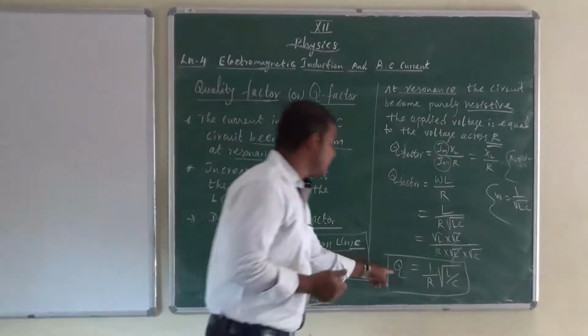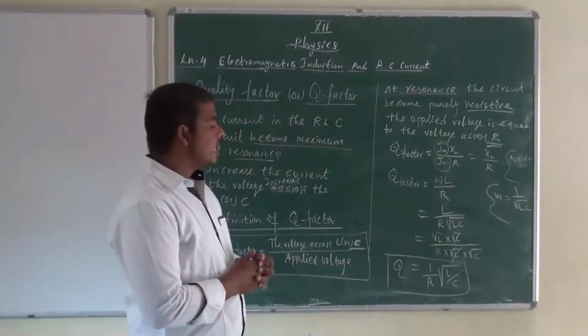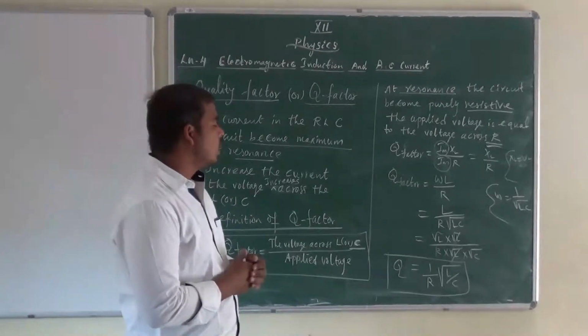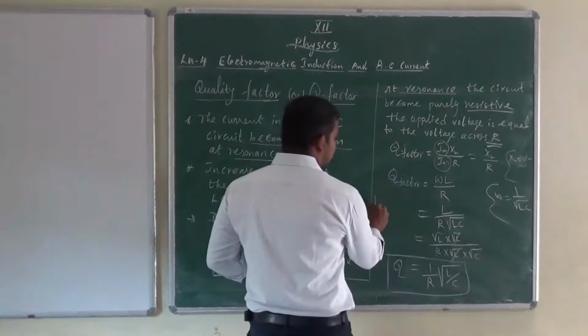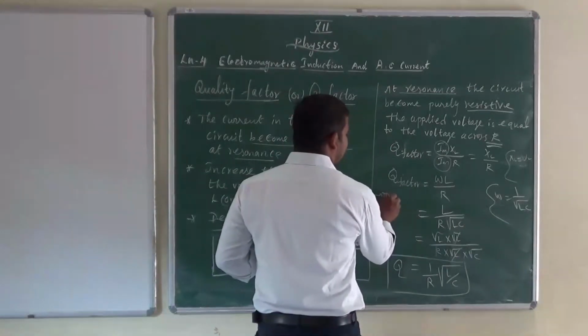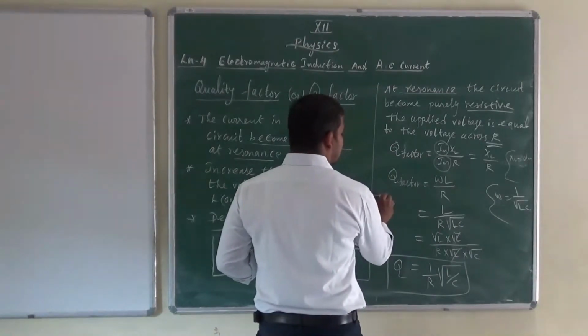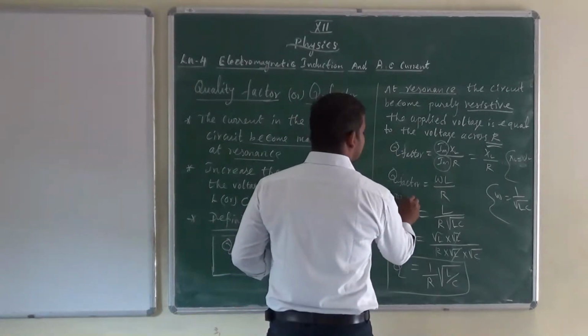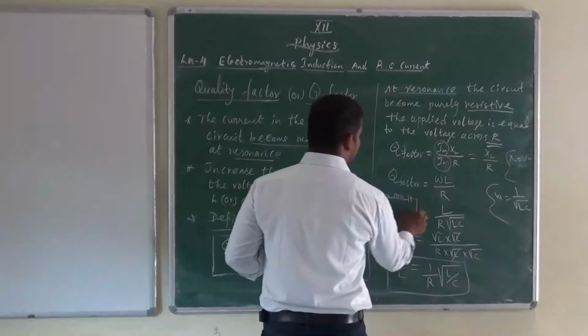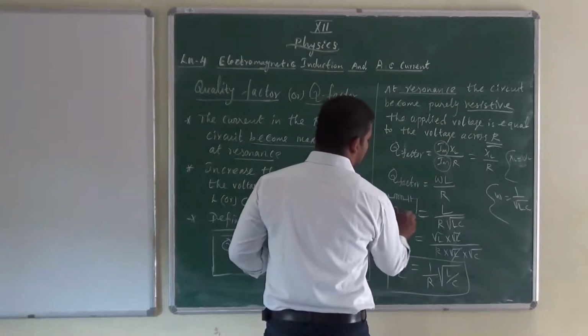What is the physical meaning of quality factor? The number of times the voltage across L or C is greater than the applied voltage. Suppose here this is the resistance, this is the inductor, this is the capacitance, with an alternating source.